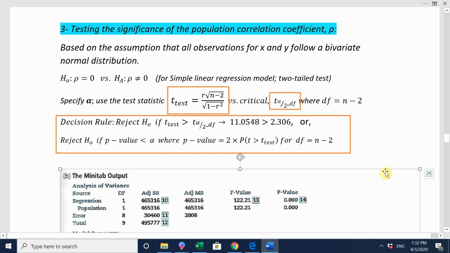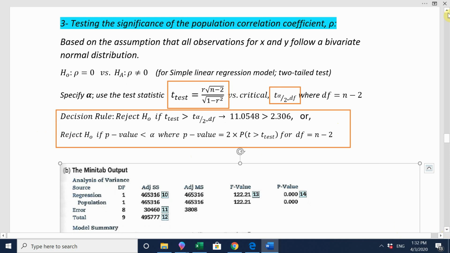What is interesting to note is that this is an alternative way to test the relationship between x and y. You can use this information here to test your x and y relationship.